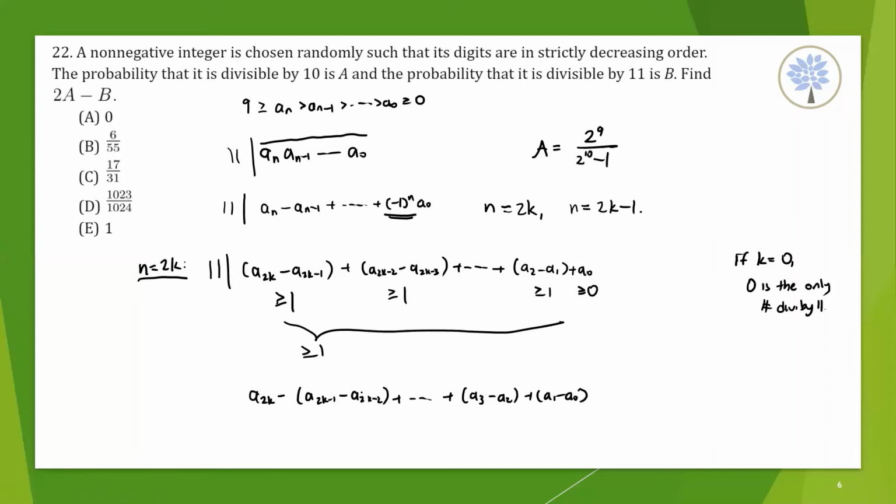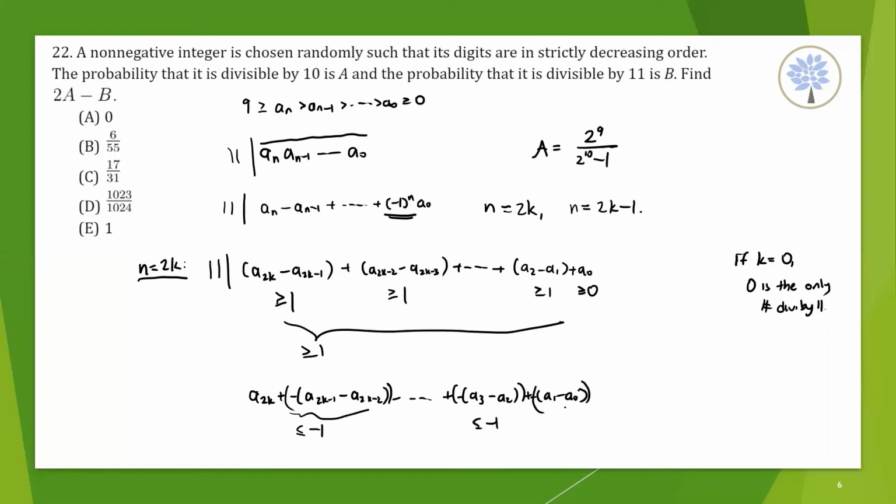So if we write our alternating sum in this way, then we can notice that these are all negatives. We can notice that each of these differences is greater than or equal to 1. And so each of these minus differences is going to be at most -1, as if we're adding negative numbers.